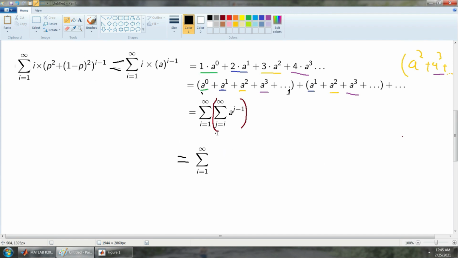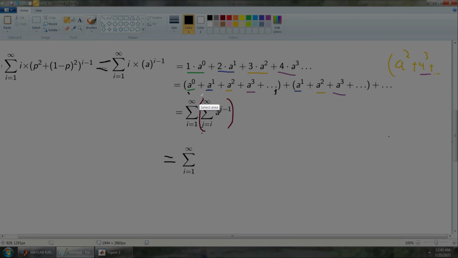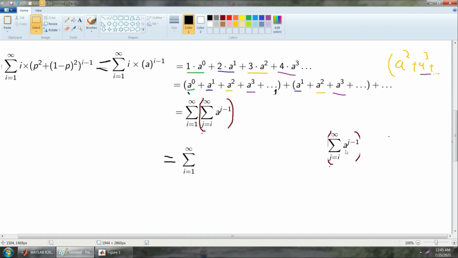Well, since I'm taking the geometric sum from j equals i to infinity, formally this is a Math 119 thing, but I will spell it out here just for completion. You can notice that this sum here is equal to the difference of two infinite sums. So the sum from j equals 1 up to infinity of a^(j-1).